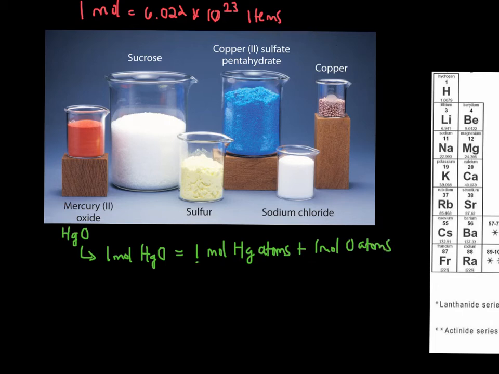And so if I know the mass of a mole of mercury atoms and the mass of a mole of oxygen atoms, I can just add the two together, and that will give me the mass of 1 mole of mercury oxide.